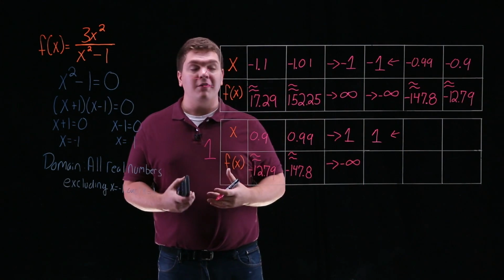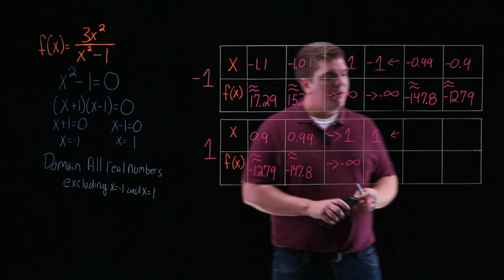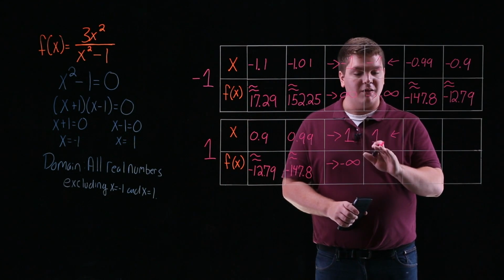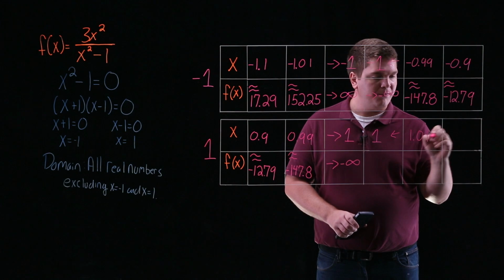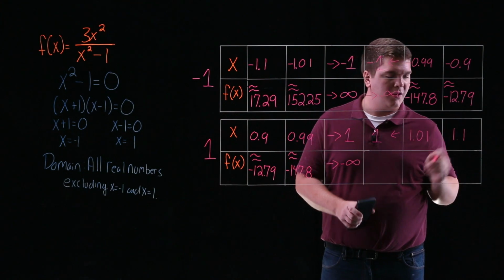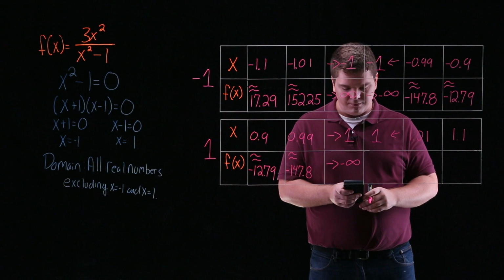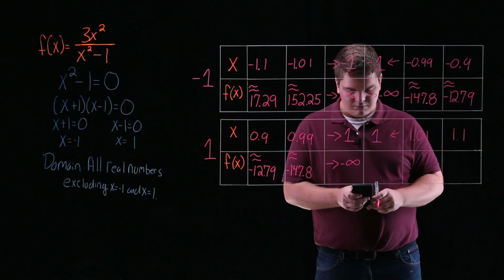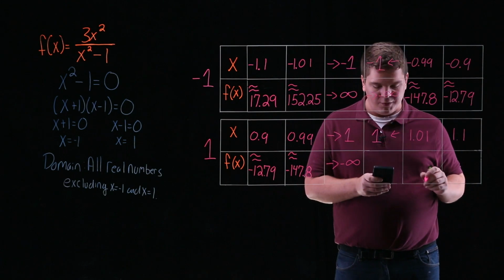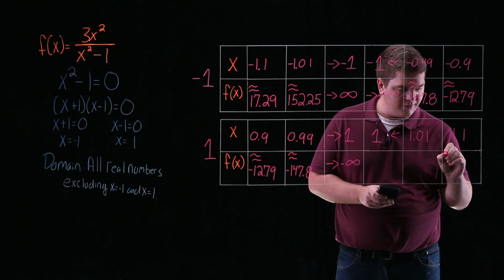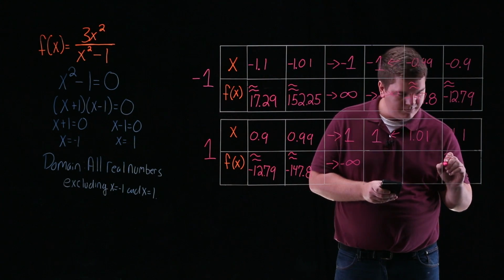Finally, we'll do the same thing approaching from the right. We'll want to think about values just a little bit bigger than 1, say 1.01 and 1.1. Let's start by evaluating our function at 1.1. This value is approximately 17.29.